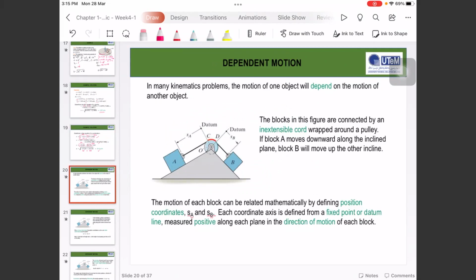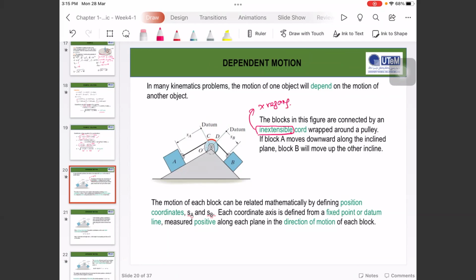Maksud inextensible ni dia tak boleh regang lah. Tak regang, macam getah tu tak boleh lah. Wrap around a pulley. If block A moves downwards along the inclined plane, block B will move up the other incline.